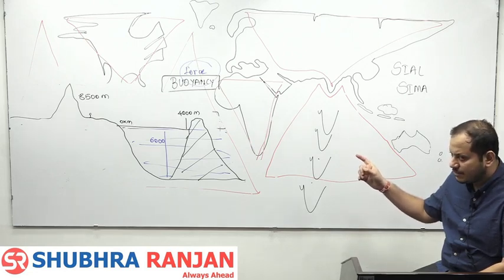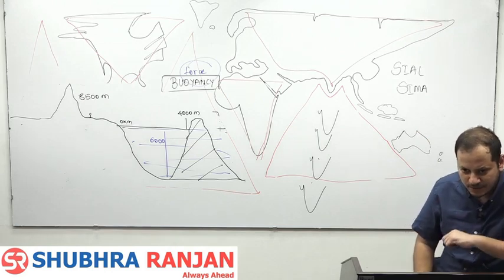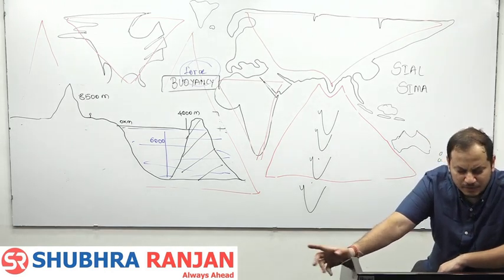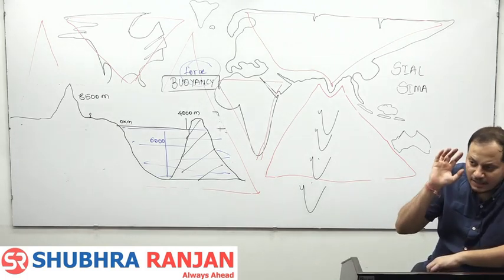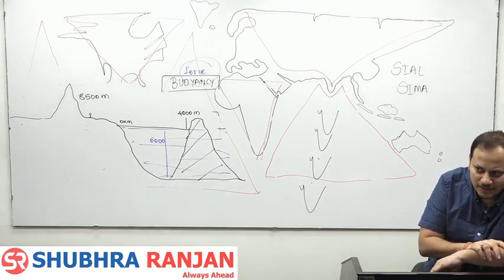What did this gravitational force do? It caused northward movement of the continents. Fine. Now the gravitational force, I asked you a general knowledge question, because he asked a question at the start only. Gravitational force is maximum at the poles, not at the equator.